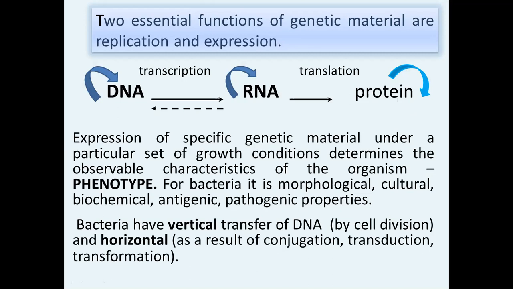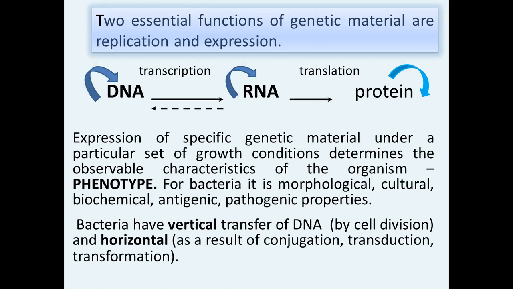Expression of specific genetic material under a particular set of growth conditions determines some characteristics of organisms, their phenotype. For bacteria, the phenotype is the morphological, cultural, biochemical, antigenic, and pathogenic properties, which we can observe under a microscope, in a Petri dish when we cultivate them, by doing some serologic tests, or in tests with laboratory animals.